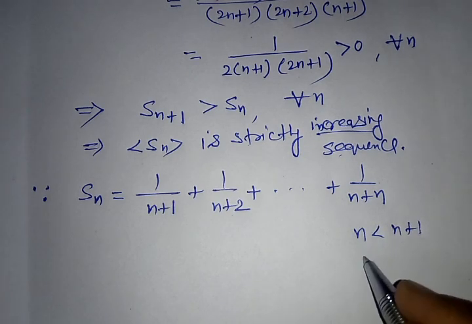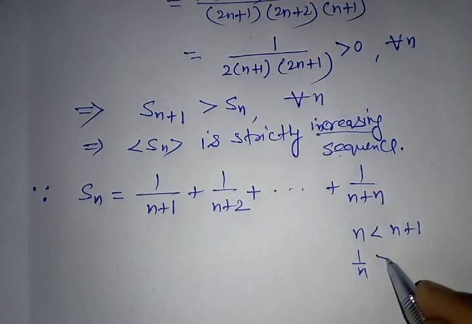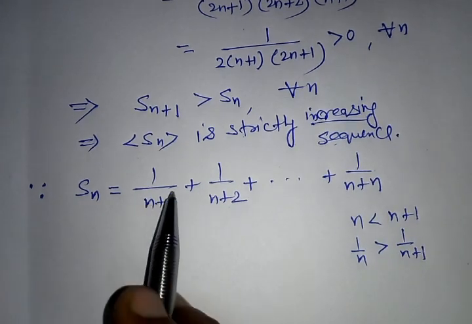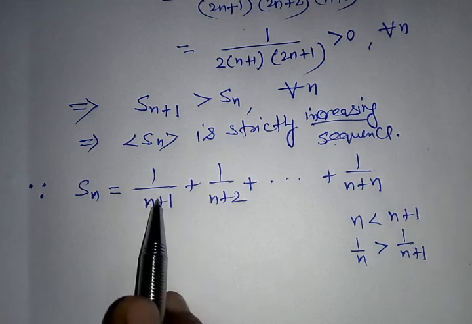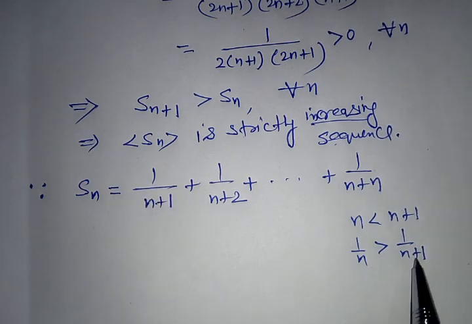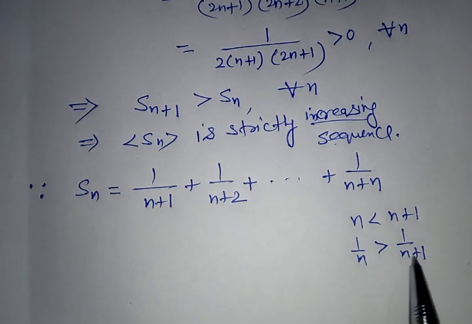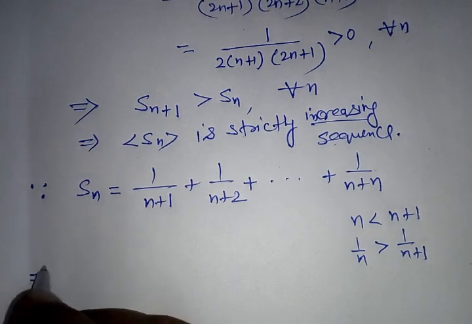So what we can write? Every term 1 upon n plus 1 will be less than 1 upon n. Similarly, 1 upon n plus 2 is also less than 1 upon n, and so on.